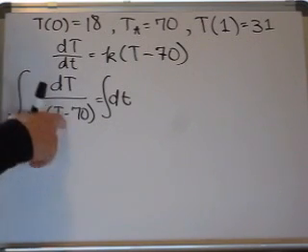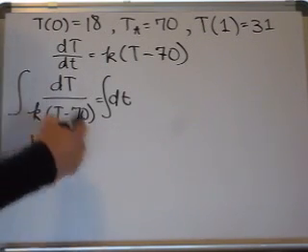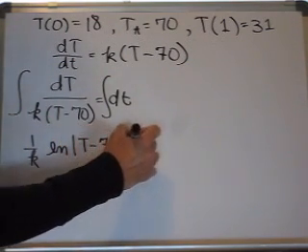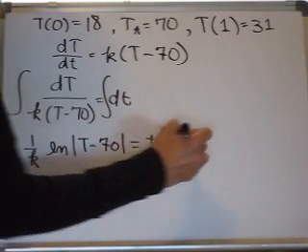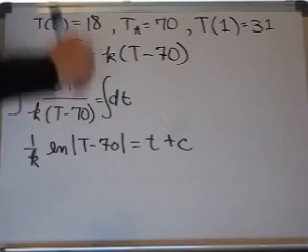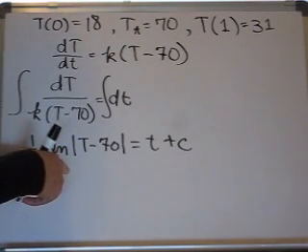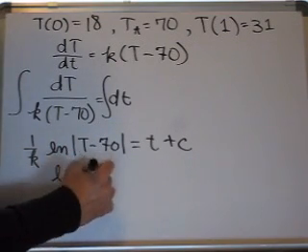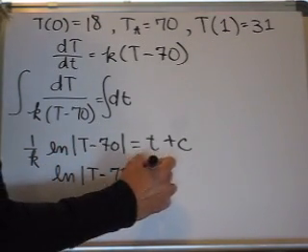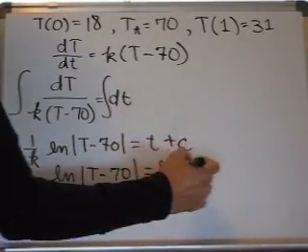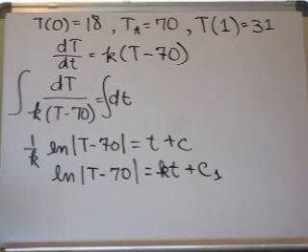Integrating dT over T minus 70 gives the natural log of the absolute value of T minus 70, and on the right-hand side, I get little t plus the constant C. The next thing I'm going to do is multiply both sides through by k. I get ln of the absolute value of T minus 70 equals k times t plus k times C. I'm just going to call k times C a new constant, C1.